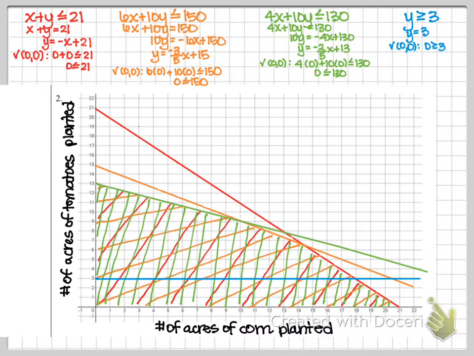So I'm going to go to my blue line and I'm going to shade up. But I'm only going to shade where there's already overlap. Okay, so I'm going to go above the blue line, but only where there's already overlap. And it looks like I'll have to get rid of some extra shading here. So don't go further than you're supposed to.